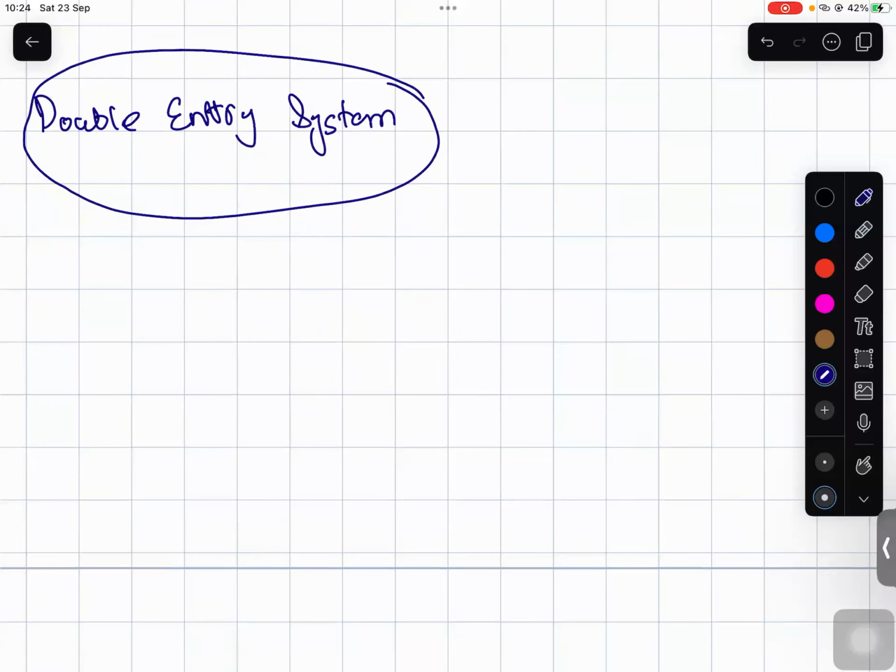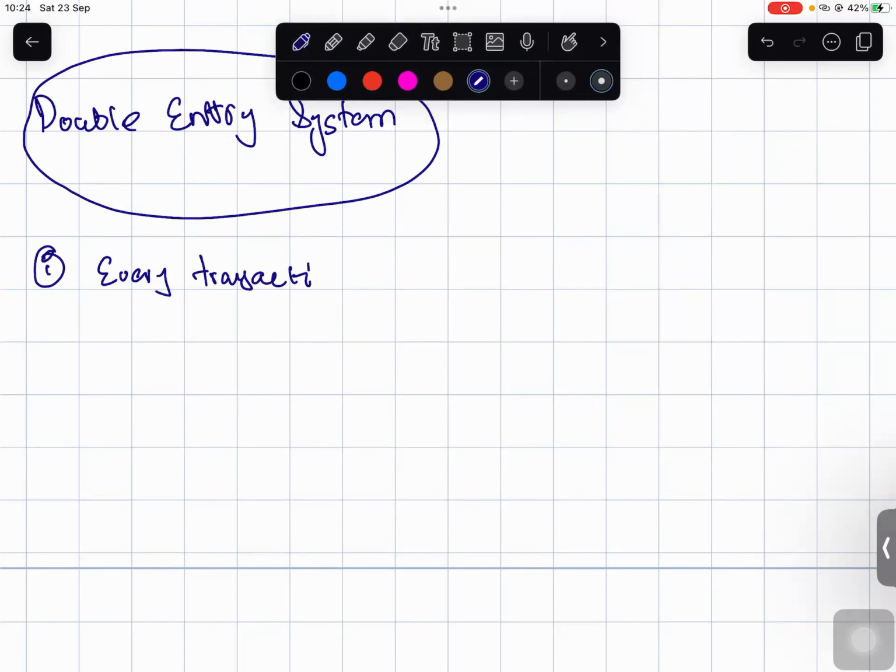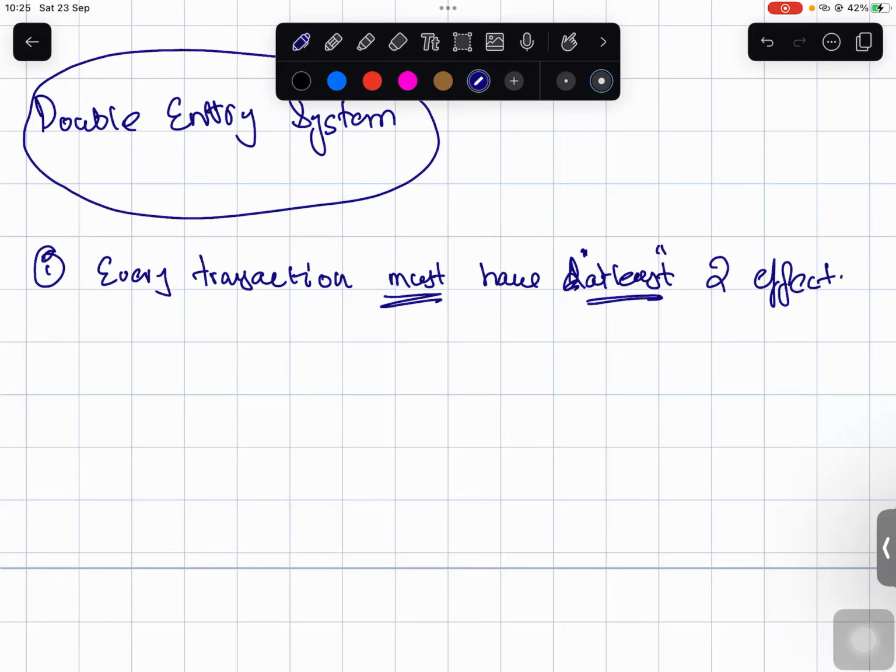So you are absolutely right. Every transaction must, so this is a must have, and one thing which you forgot in your definition is at least. Every transaction must have at least 2 effects. Now they can be more than 2, all right, but at least there have to be 2 effects.